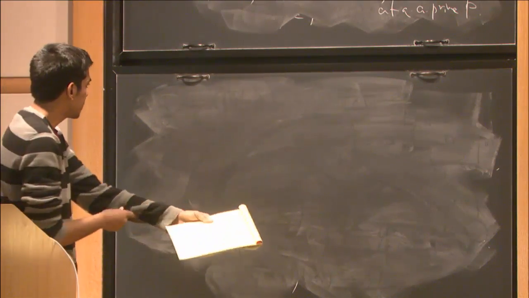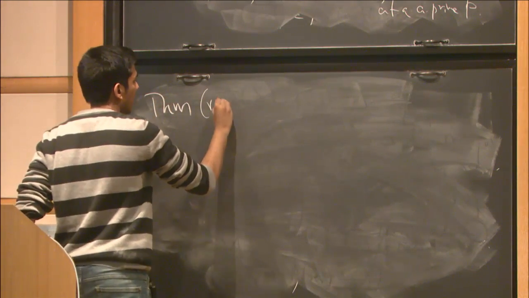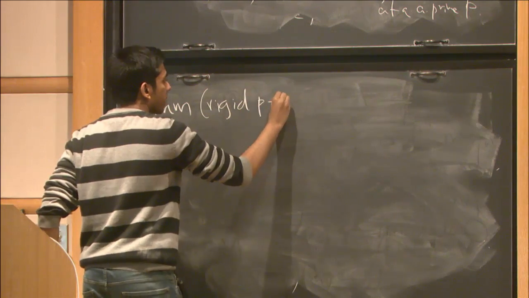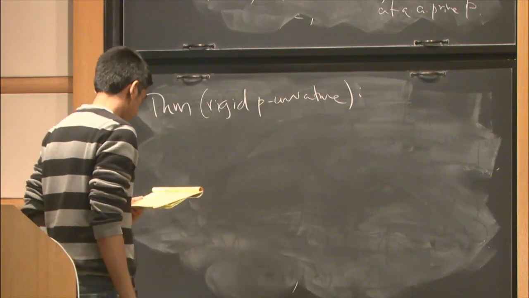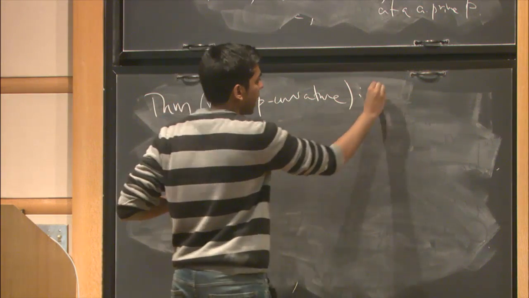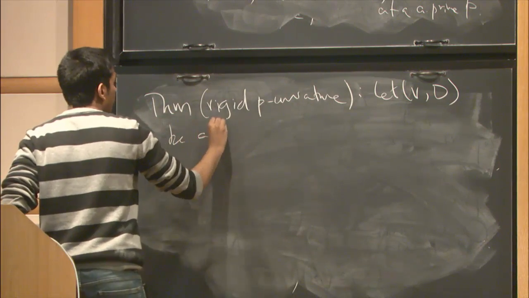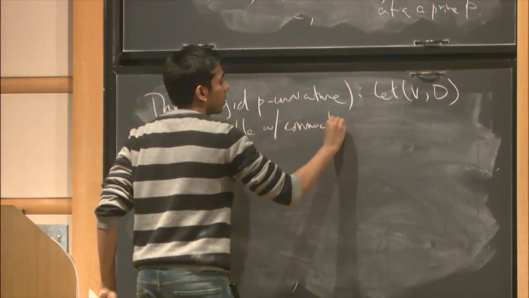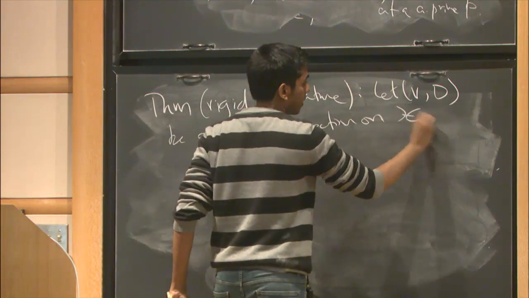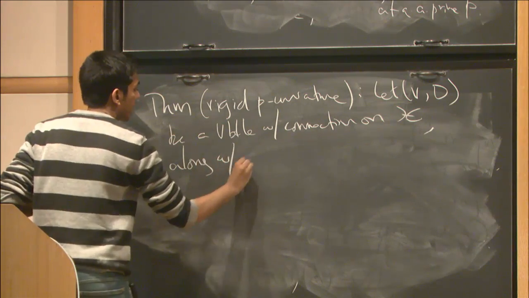So here's the theorem. Let V comma nabla be a vector bundle with connection on X along with a cyclic vector.